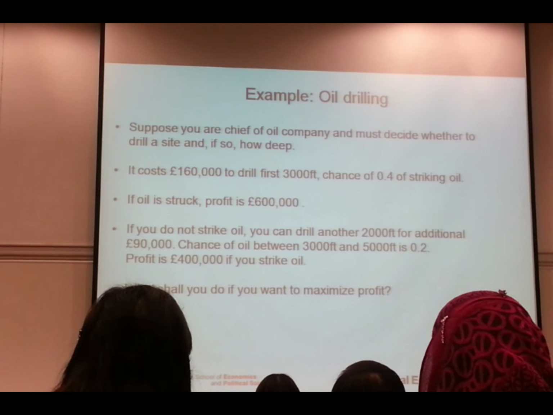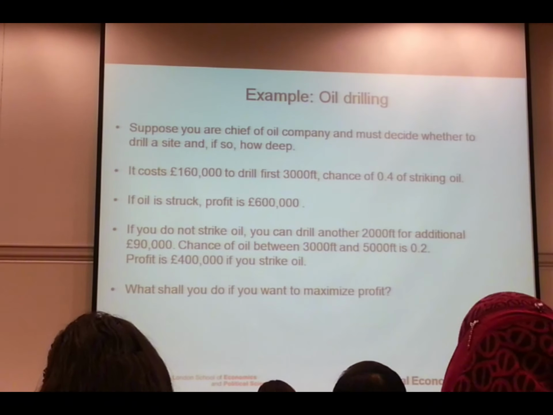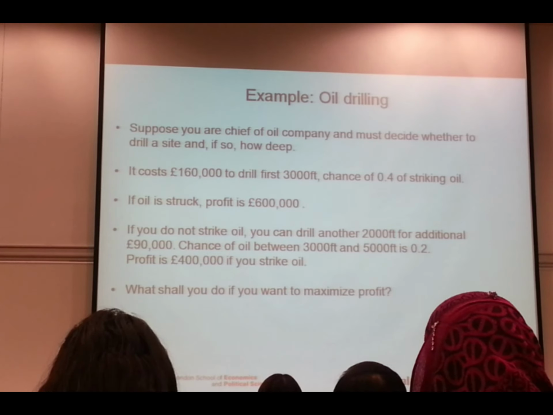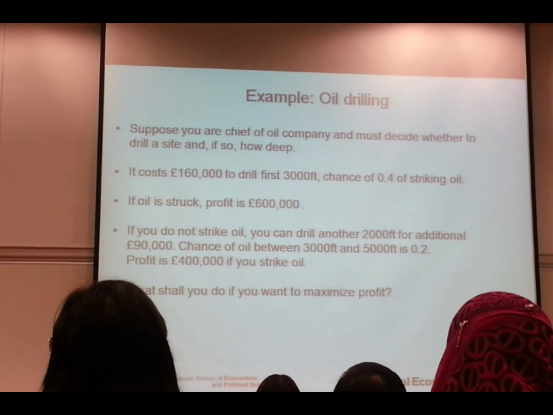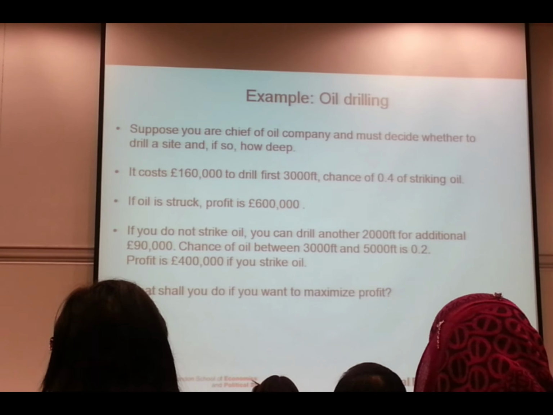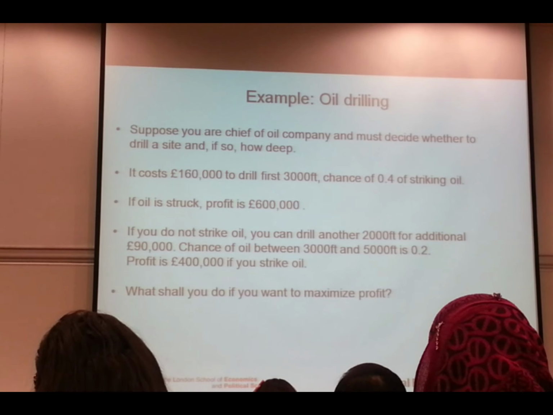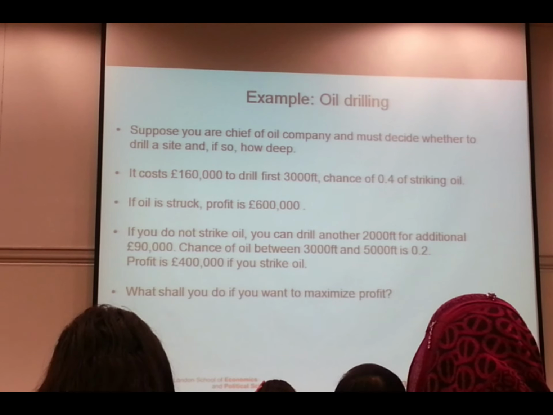If you don't, you can drill a second layer, and that second layer is going to cost you another 90,000. The chance of striking oil in this second layer is 20%. If you do strike oil in that second layer, you're going to make 400,000. So if we wanted to maximize profit, what are we going to do?